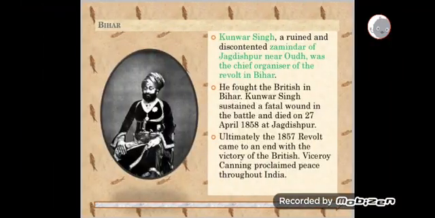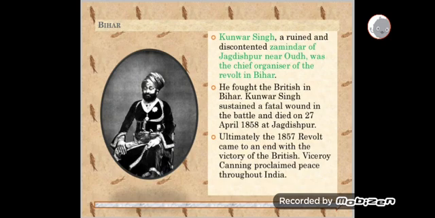After that, the revolt began in Bihar. Kunwar Singh, a ruined and discontented Zamindar of Jagdishpur near Arrah, was the chief organizer of the revolt in Bihar.